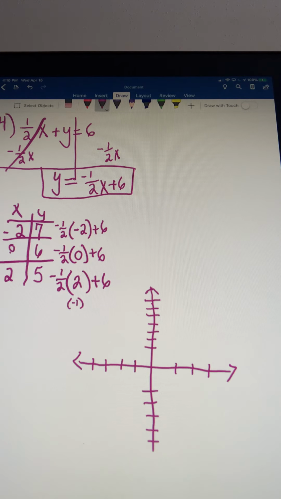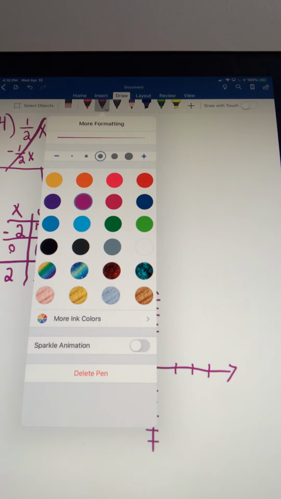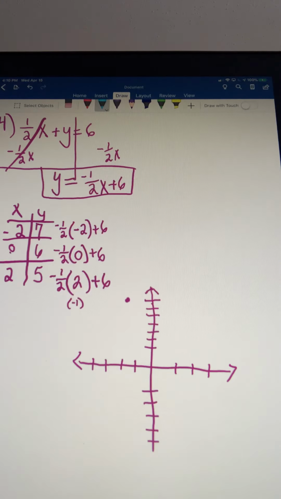So to the left 2, up 7. Let's change the color to the light blue. Then we have 0, 6. Origin, 0, up 6, dot. Then I have positive 2, up 5. If you notice, they create a straight line. If they do, we're in good shape. You do your arrow.